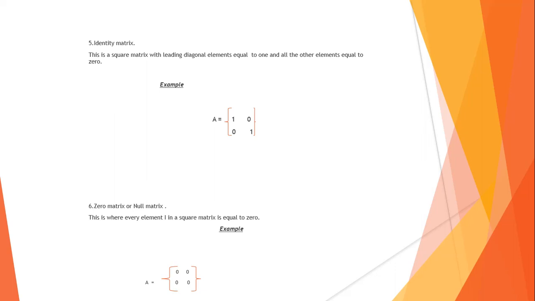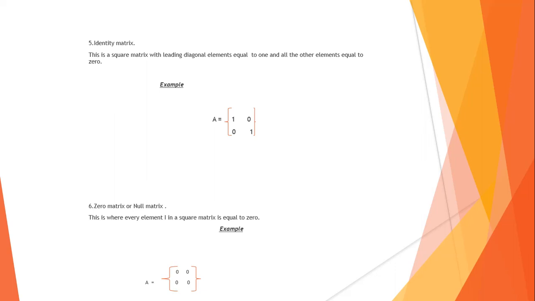Then we move on to the zero matrix, which can also be referred to as the null matrix. This is a kind of matrix whereby every element in a square matrix is equal to 0. So the first thing you need to note is that a zero matrix is a square matrix whereby the rows and the columns equate.